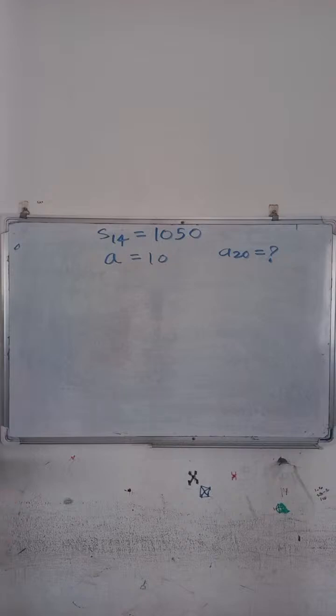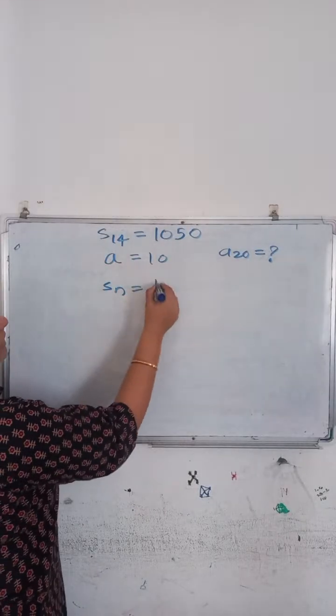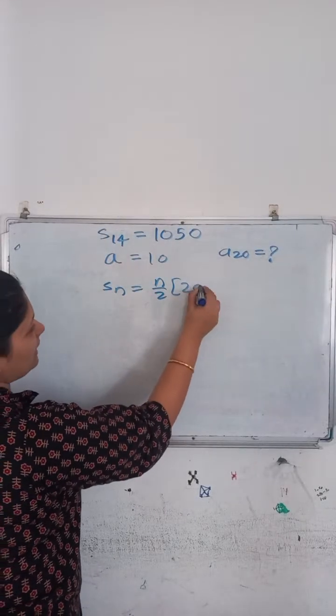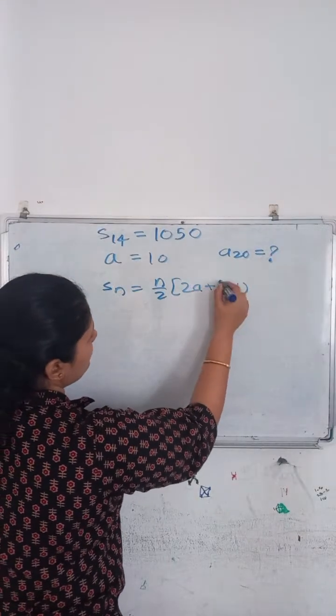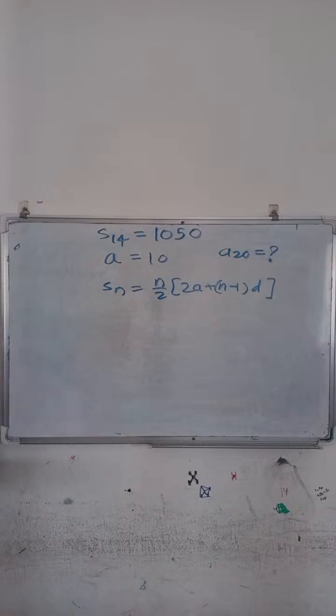Since the sum is given, we use the same formula: n by 2 times the bracket 2a plus n minus 1 into d. If you observe my video, everywhere I am writing the formula. I can tell it orally also, but I write it every time, so keep a habit of writing the formula.